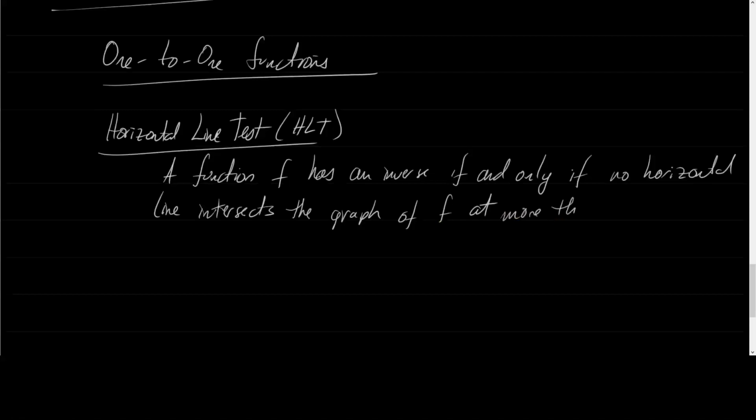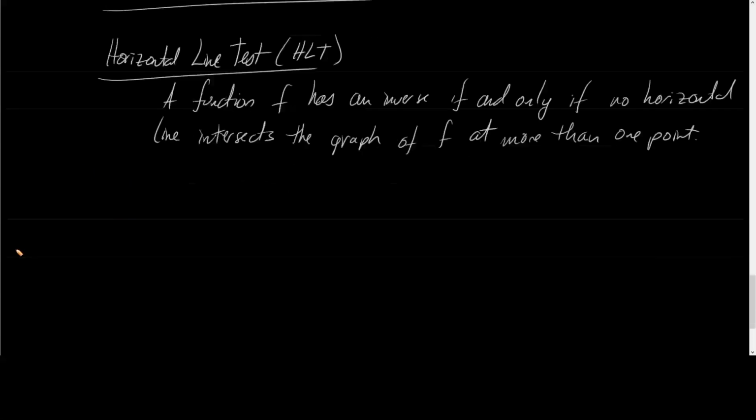All right, so essentially, this horizontal line test is very similar to the vertical line test, but now we're talking about horizontal lines. It cannot cross a function at more than one point. So that would be for the horizontal line test.